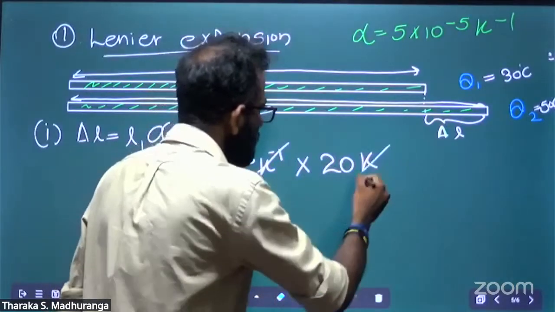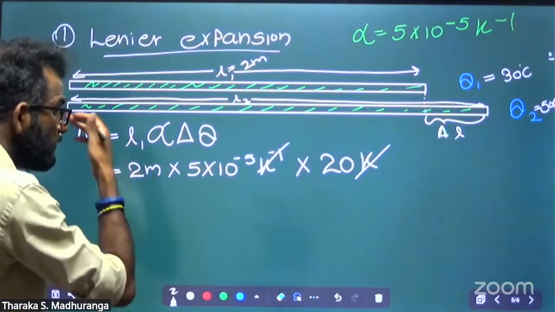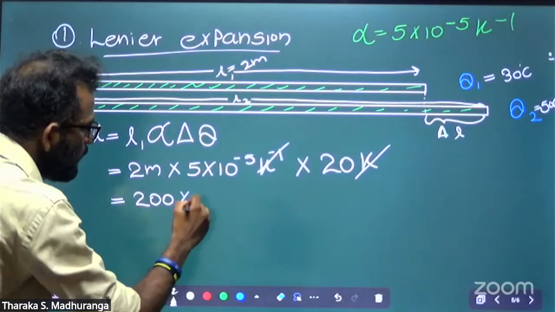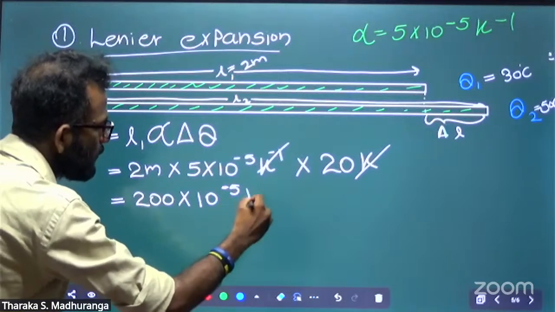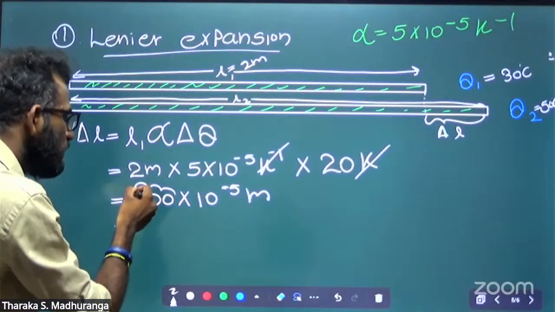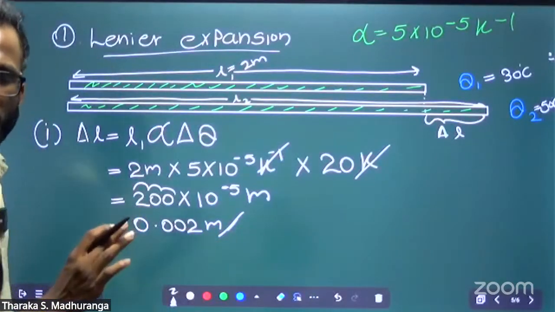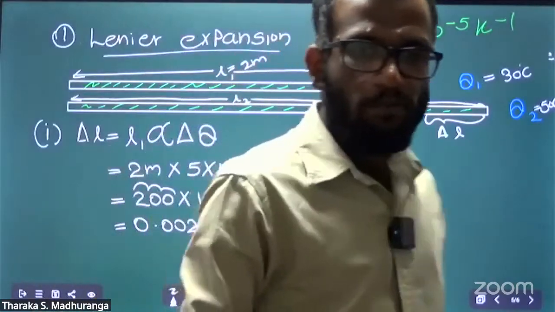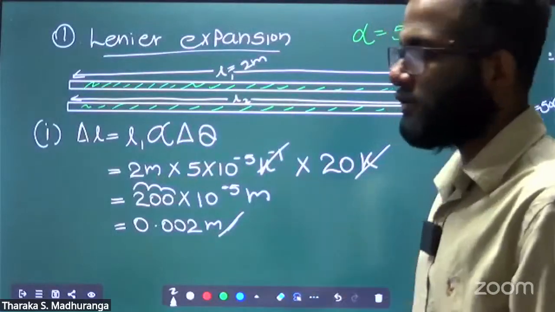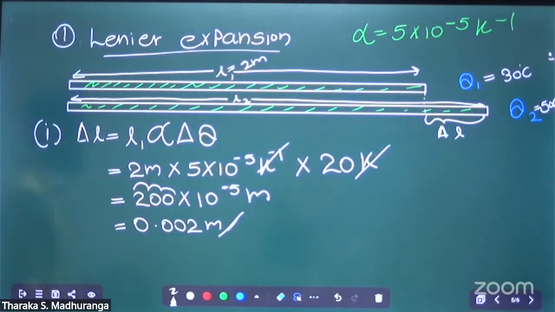Per Kelvin cancels out. 2 into 5 is 10, 10 into 20 is 200, so 200 into 10 to the power minus 5 meter, which is 0.002 meter. If you can't do this calculation manually, please use a calculator, no problem. 2 into 5 into 10 to the power minus 5 into 20 gives the delta L.